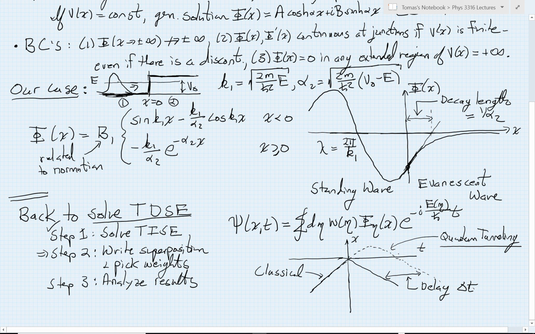There is actually enough information on this slide for you to make a good order of magnitude estimate for exactly how long we should be spending in here. And I'll let you all ponder that for a little bit while we begin our analysis for today, and we're going to pick up here on step 2, writing down the superposition and picking the weights.